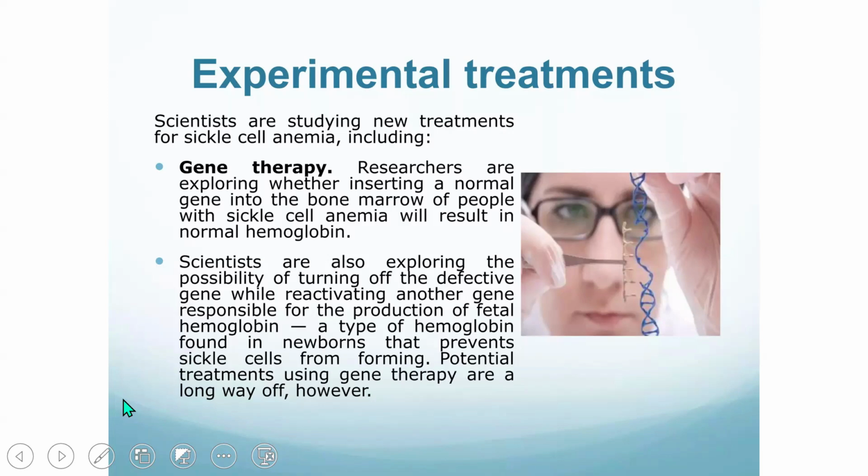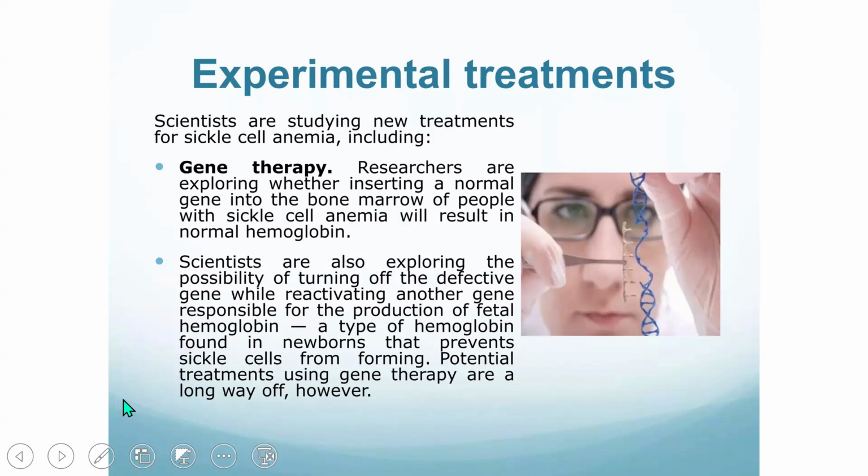So scientists are also exploring the possibility of turning off the defective gene while reactivating another gene responsible for the production of fetal hemoglobin. Fetal hemoglobin is a type of hemoglobin found in newborns that prevents sickle cell from forming.